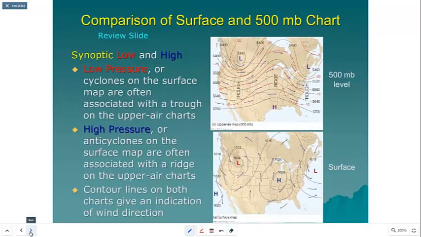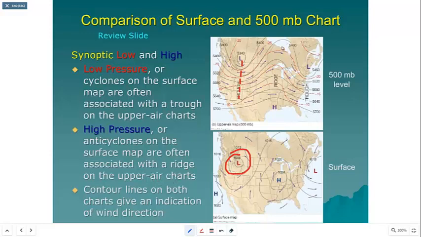So a little bit of review. When we had a synoptic low pressure system or cyclone on the surface map, they were often associated with a trough on the upper level charts. So here's the trough on the upper level chart, and if you go down to the surface chart, there's your area of low pressure. High pressure on the surface, anticyclones, they were often associated with a ridge on the upper level charts.